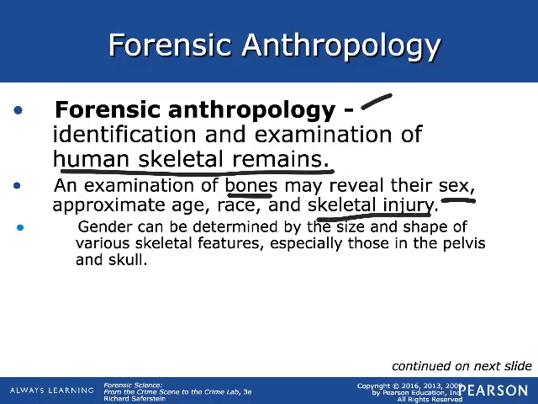We can also determine by sizes of things maybe what someone did in their life, like whether they were a laborer or not. We're going to do a lab on this, so it's pretty cool.